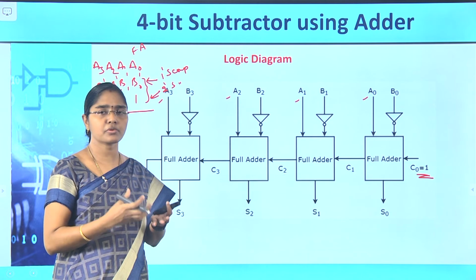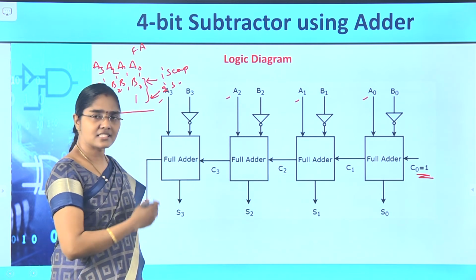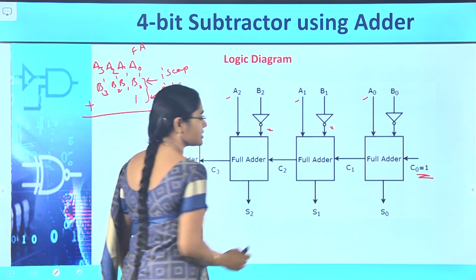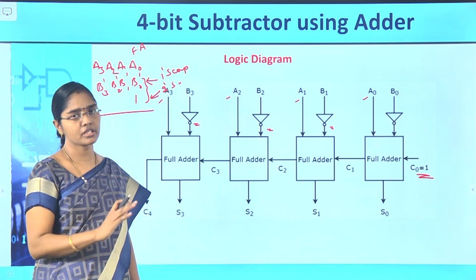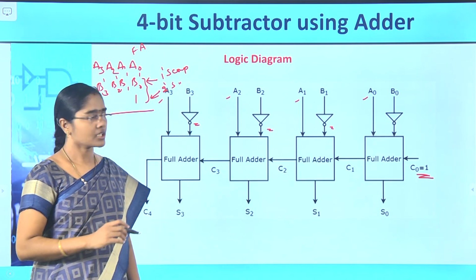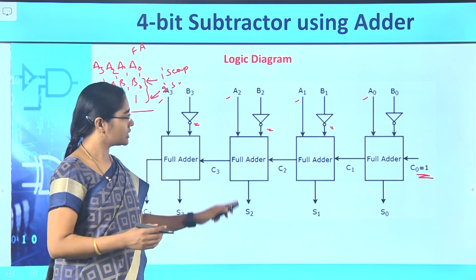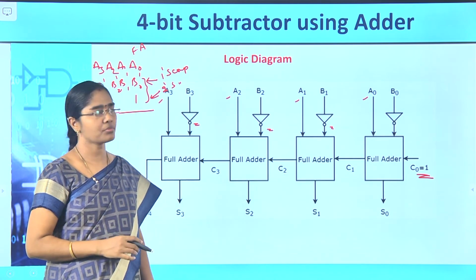So, just by changing this structure, instead of using these NOT gates, where once the complement number has to be applied and once the normal number has to be applied, by just changing those gates we can use the same circuit for both addition and subtraction.